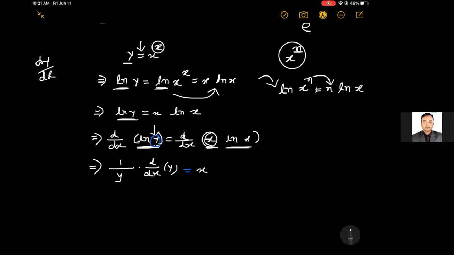The derivative of the natural log of x would be 1 over x. Very good. Now we'll keep natural log of x. What's the derivative of x? The derivative of x? Anyone? 1. 1. Very good.